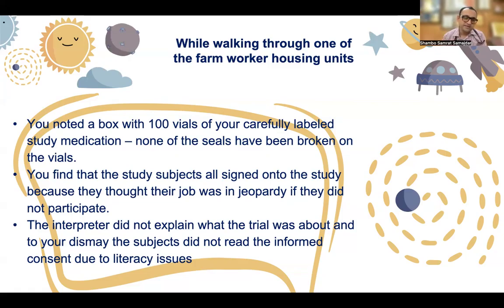So you find that the study subjects all signed on to the study because they thought their job was in jeopardy if they did not participate. The interpreter did not explain what the trial was about. And to your dismay, the subjects did not read the informed consent due to literacy issues.